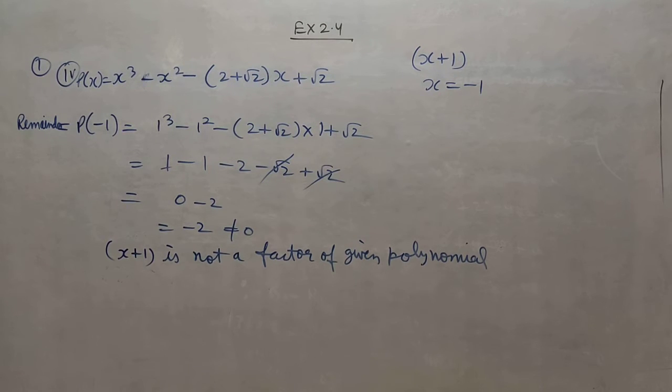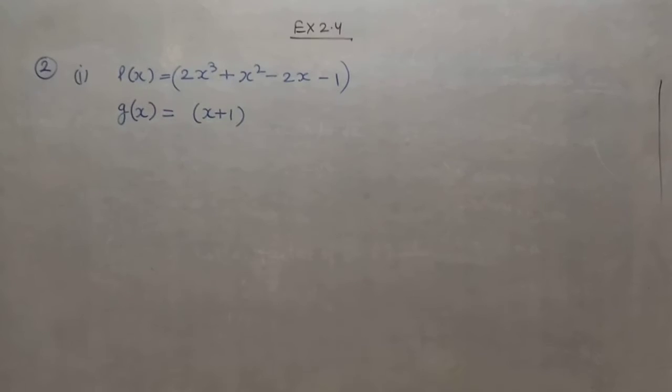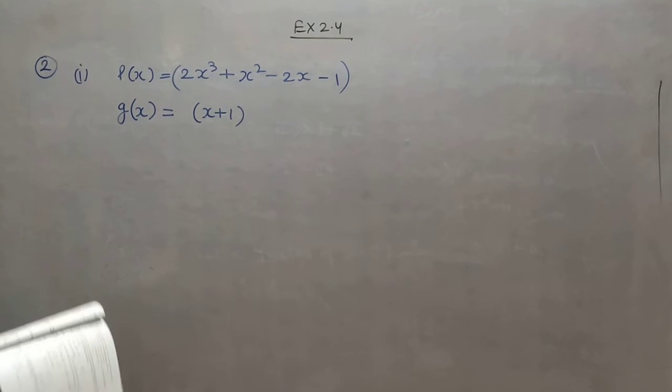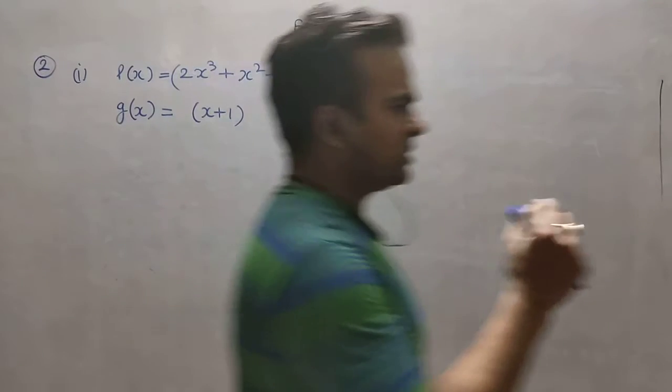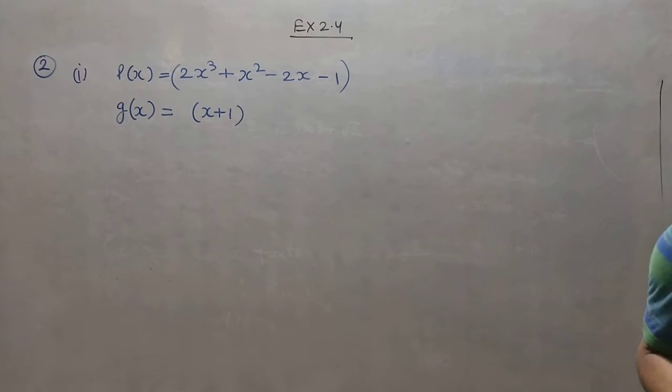Right? Now, question number 2. In this question, you can see we are given two polynomials, and the question is asking you to check whether g(x) is a factor of p(x) or not. Again the same question; they have just changed the format of the first question.